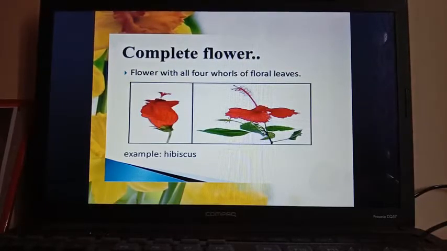These four parts are there in a complete flower. Examples you can see: hibiscus, mustard, pea. Many examples are written in your book also.